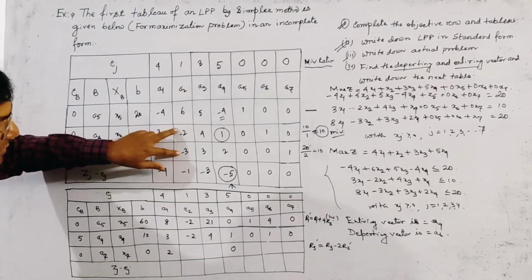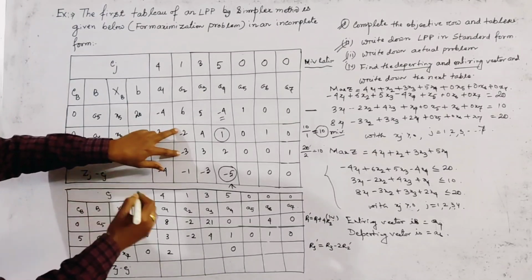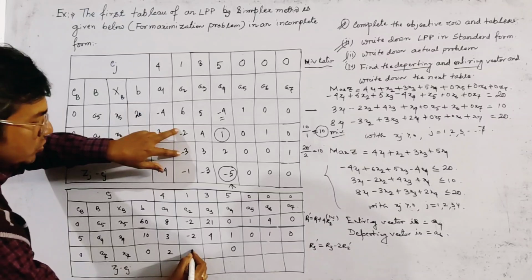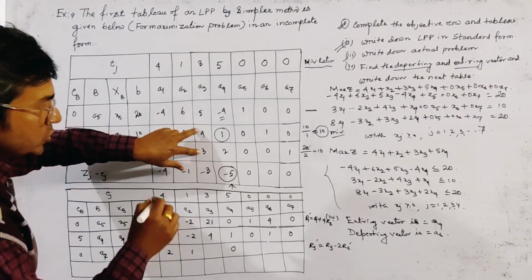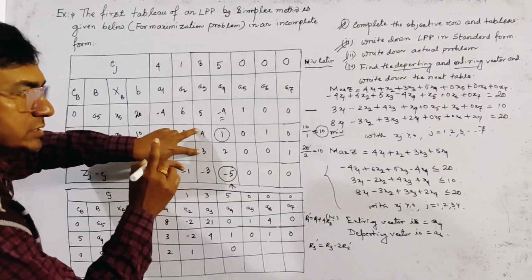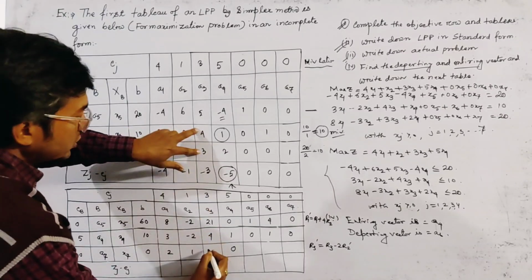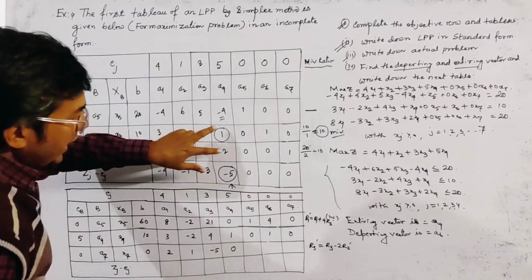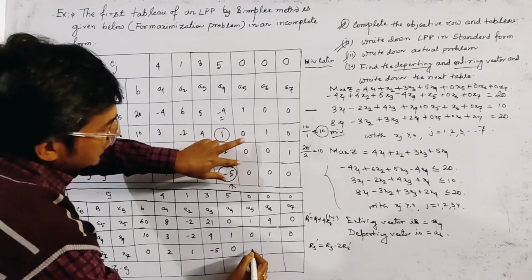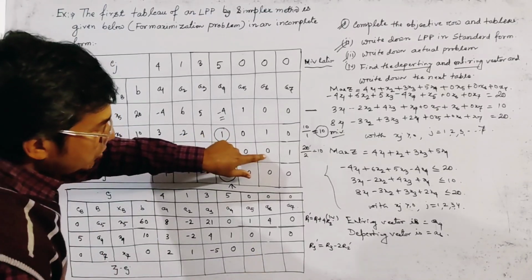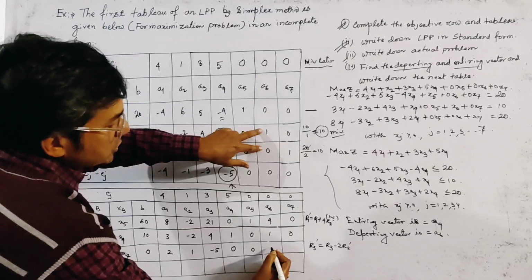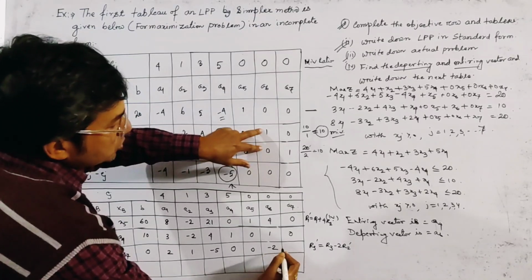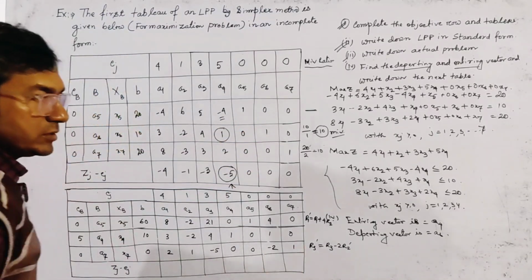Minus 3 minus 2 into minus 2, so this is 1. This is 3 minus 2 into 4, this is 3 minus 8, so this is minus 5. And this is 0, and this is obviously 0. This is 0 minus 1 into minus 2, this is minus 2, and this is obviously 1.